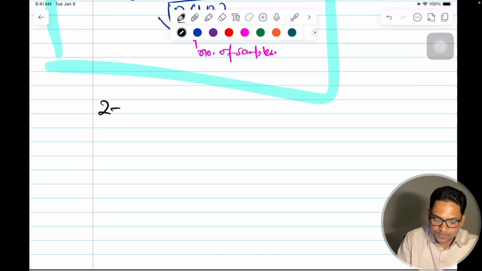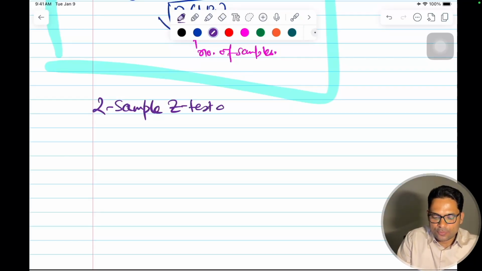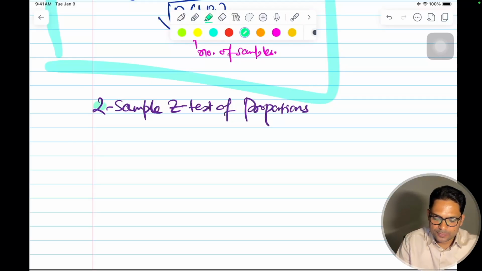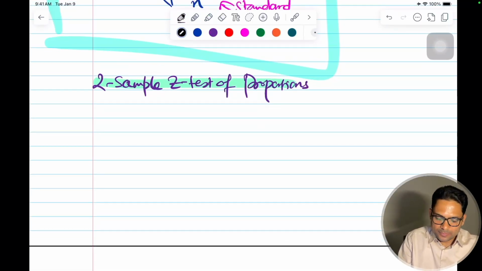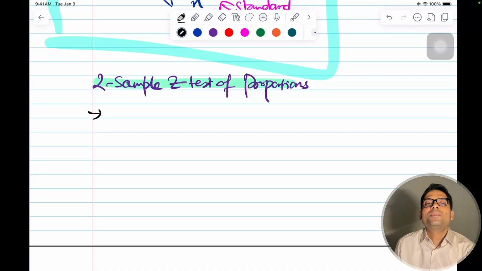So let's do the next one, the two sample z test of proportions. This again tests if there is a significant difference between the proportions of two independent samples.